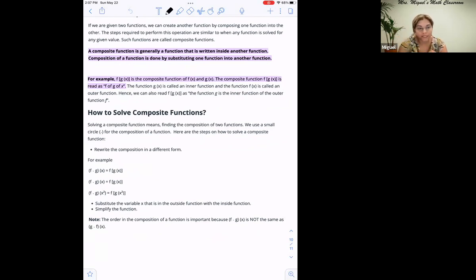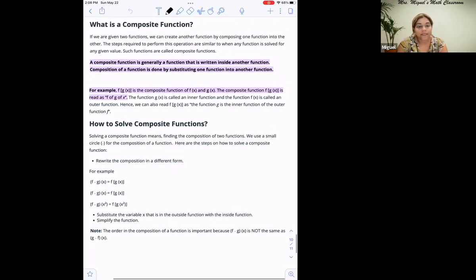What I want to touch on is composite function, because students have a little bit of difficulty when it comes to composite functions. What is a composite function? If we are given two functions, we can create one by combining these two functions in a particular way to form one.